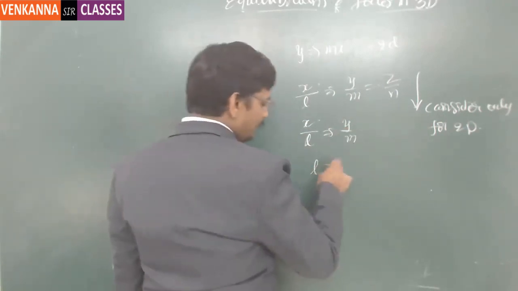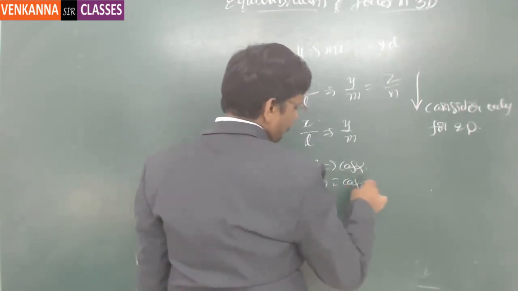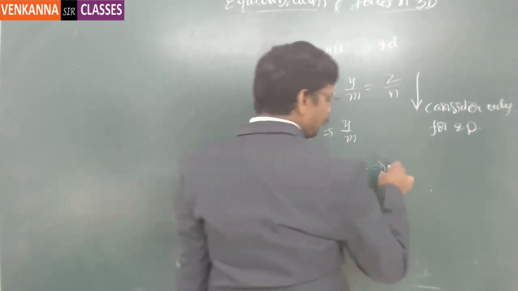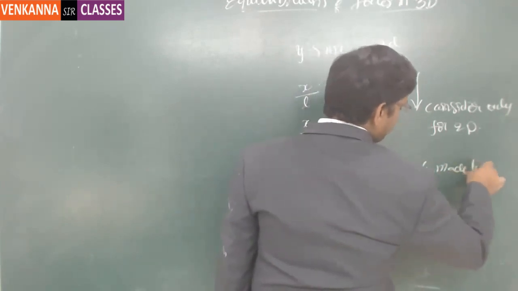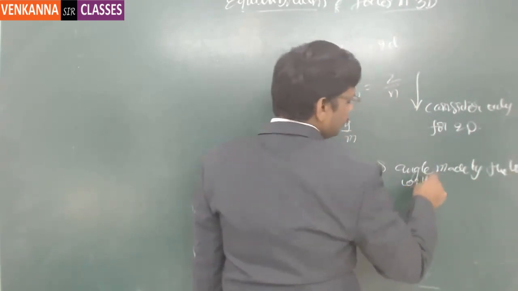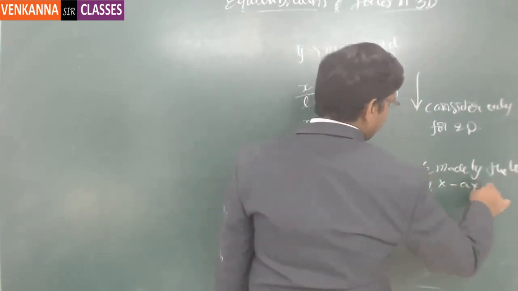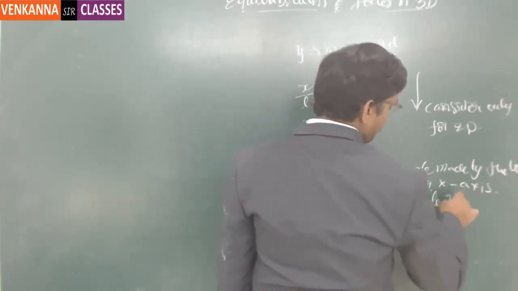Now this L is cos alpha and M is cos beta, or to be specific, the angle made by the line with the x-axis, and this is the angle made by the line with the y-axis.